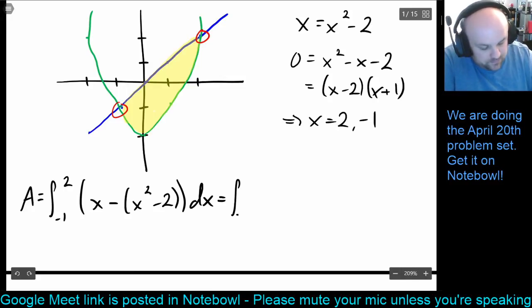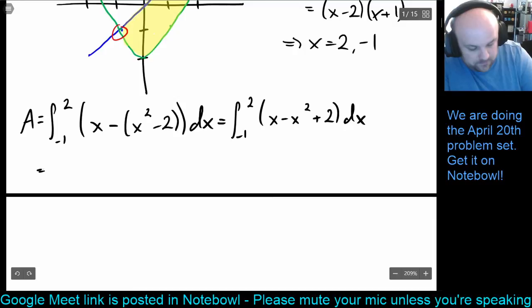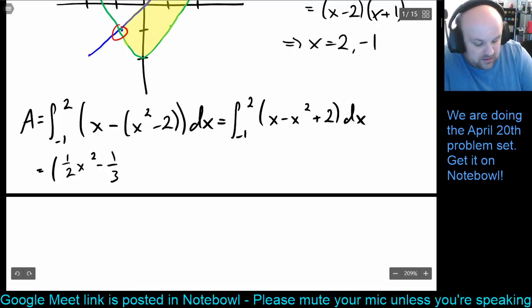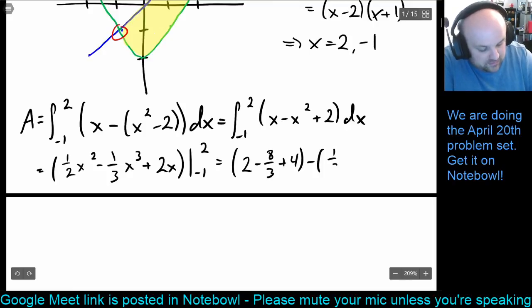So let's go ahead and simplify this on the inside here, and then integrate it. 1/2 x squared minus 1/3 x cubed plus 2x. All right, we integrate this from minus 1 to 2. So go ahead and plug this stuff in. This is going to be 2 minus 8/3 plus 4 minus 1/2 plus 1/3 minus 2.